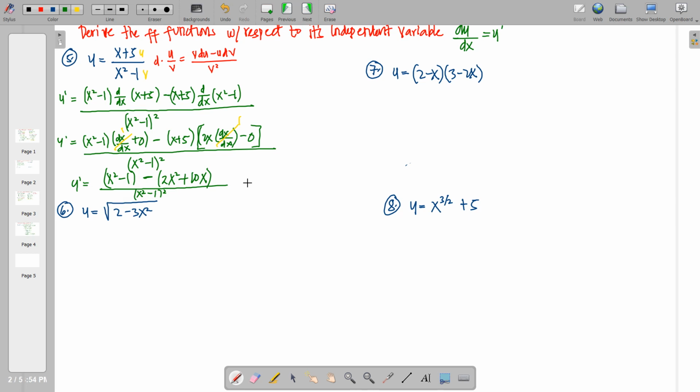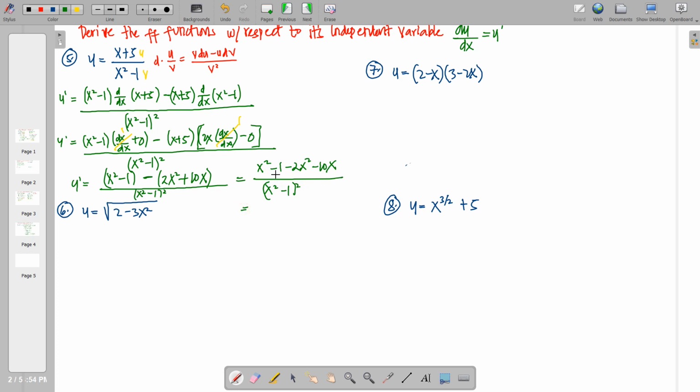So we simplify the terms further. We have x squared minus 1 minus 2x squared minus 10x all over x squared minus 1, this is squared.